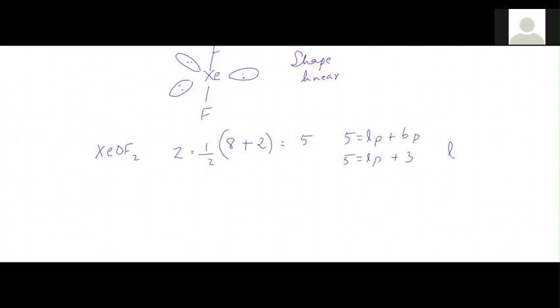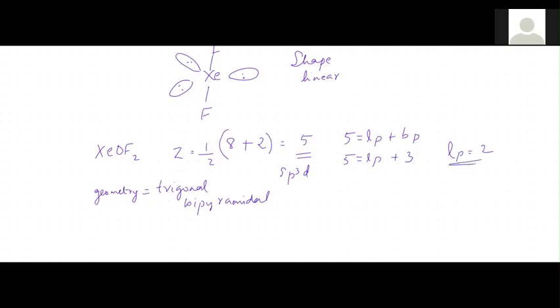Now, because the Z value is 5, it is sp3d. And the geometry, which depends upon both lone pair and bond pair, is trigonal bipyramidal. And the shape is not the same as the geometry because there are lone pairs.